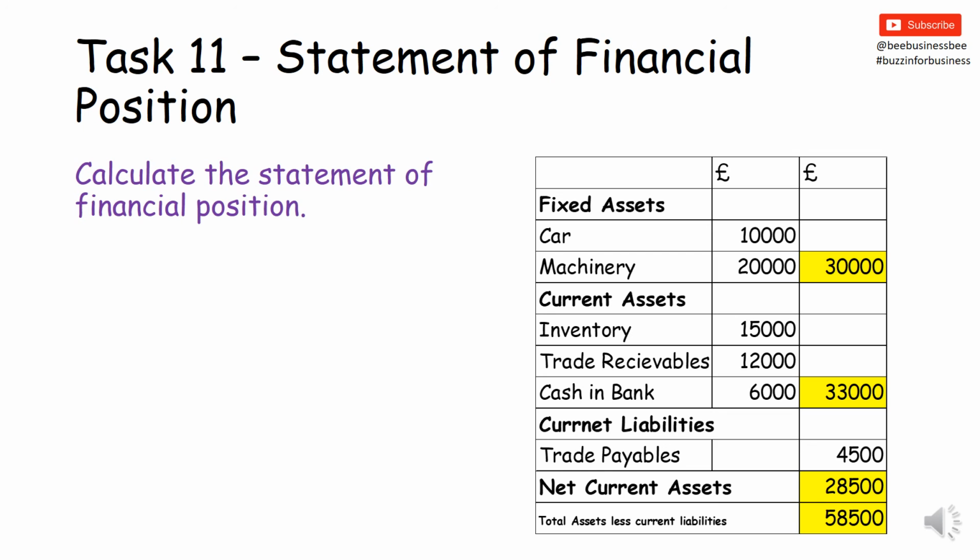To get your total assets less current liabilities, you take your fixed assets of £30,000 up the top there, and add them onto your net current assets, and you get £58,500. Remember, that figure always balances with the amount of money that goes into the business. However, that's not required in this question.